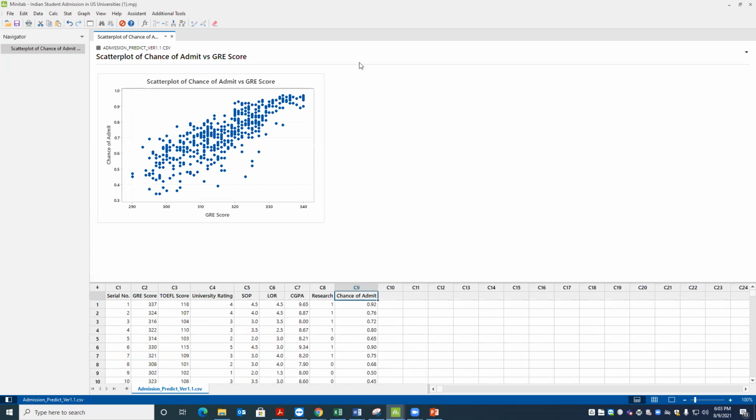Now you can see this is a simple plot, and now I'm going to make a fit line. So for example, this fit line is going to be like this. Okay, this is the best fit line.